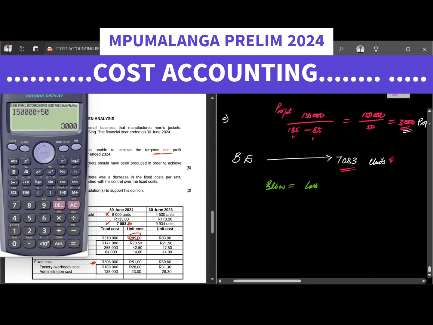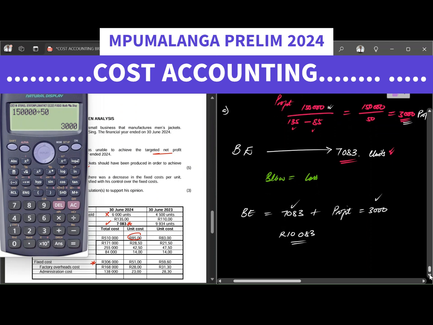So first I have to achieve break-even point at 7,083, and for me to then realize the profit that I want to attain, which is 150,000, I have to produce 3,000 units. In total, to cover all my cost and achieve profit, I must produce 7,083 plus the 3,000. That gives me 10,083.